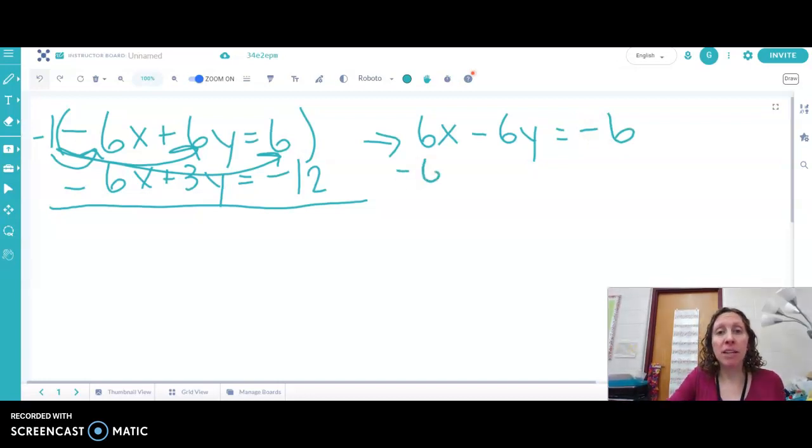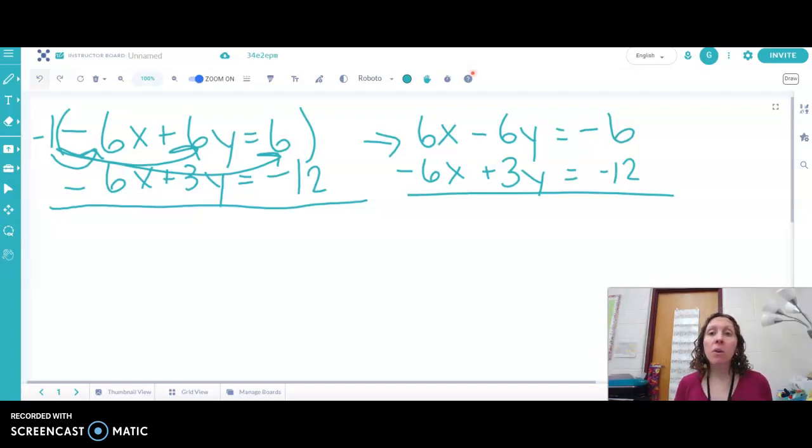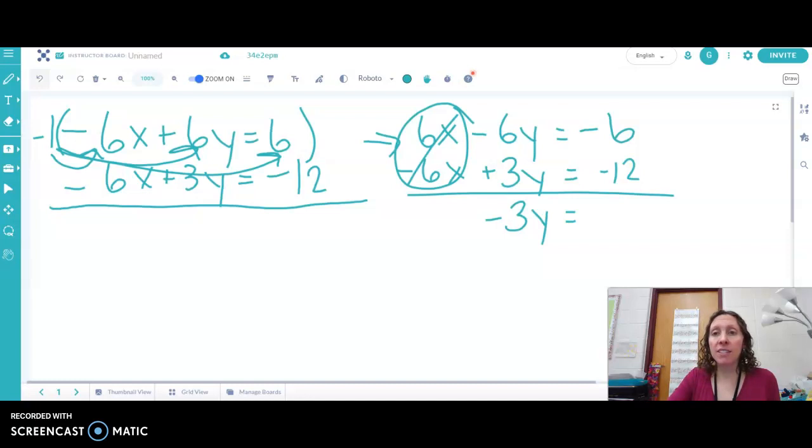And if I copy my next equation, we have this. Right, so now if I try to add them together, this is worth 0 or nothing, so I don't need those x's anymore. This is negative 3y, and negative 6 plus negative 12 is negative 18.